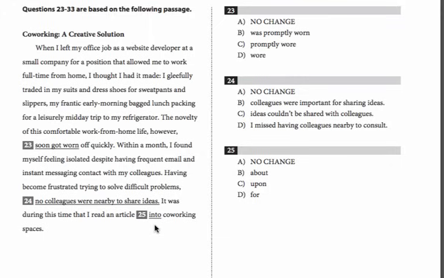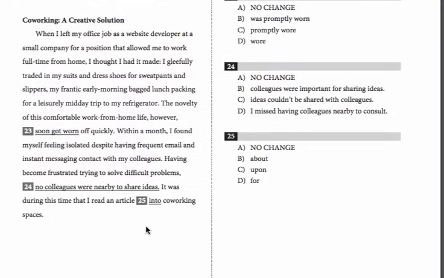And as soon as you're not looking at the trick answers and you're not getting your brain muddied up by the stuff they're showing you, you're pretty much automatically going to know exactly what's correct to say here, which is about. After your 14 to 18 years of speaking English fluently, your brain is pretty much going to be able to fill in the blanks automatically. You might even not consciously know that about is the word you put in after "I read an article," but you subconsciously know it for sure.